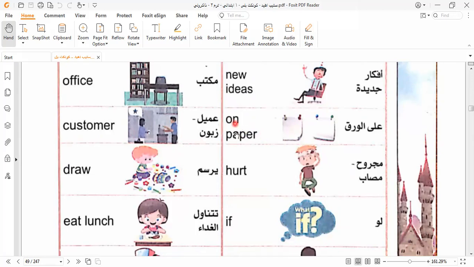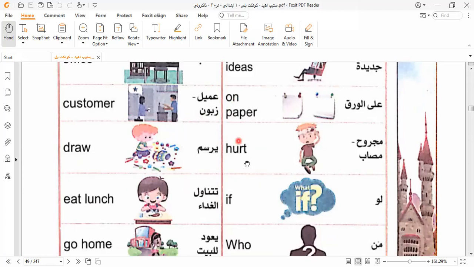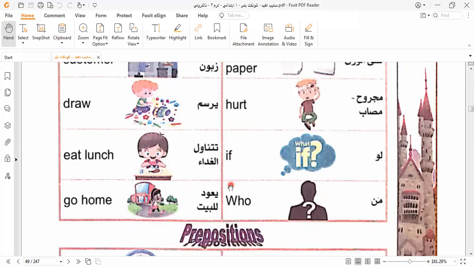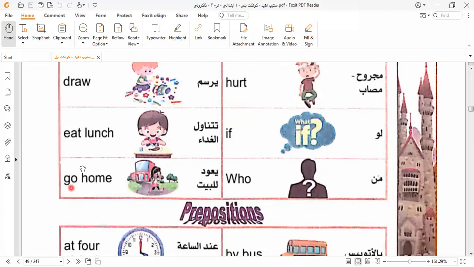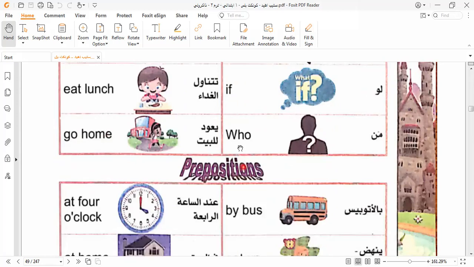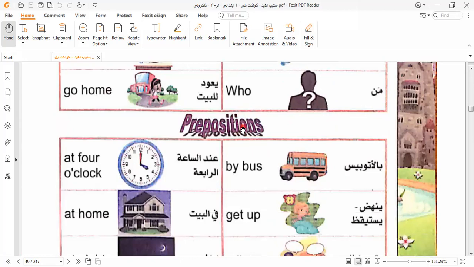We have on paper, draw, hear, eat lunch. When we say go home, don't put a preposition there. We say go home. Who to ask about what? About subject person.